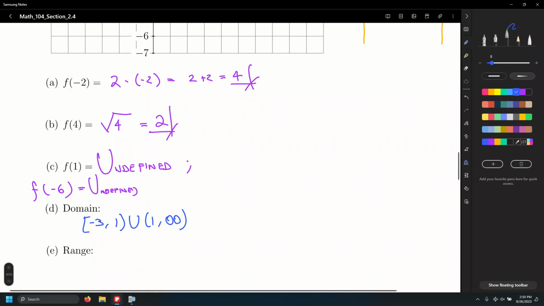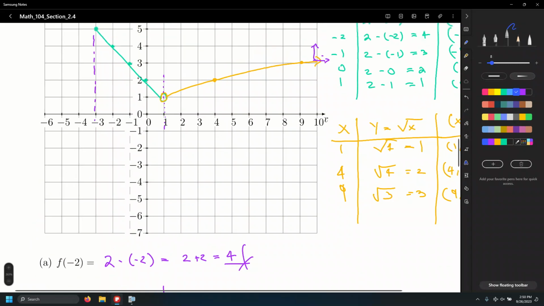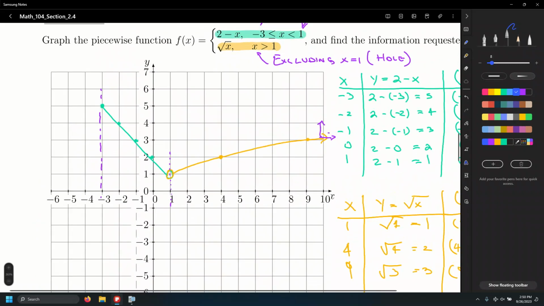Now, for the range. Again, the range might be a little deceiving, because this arrow right here for the radical function doesn't seem like it's going to go forever in the y direction. Actually, this green point right there seems like a larger value, but no, it's actually this going all the way up to positive infinity.